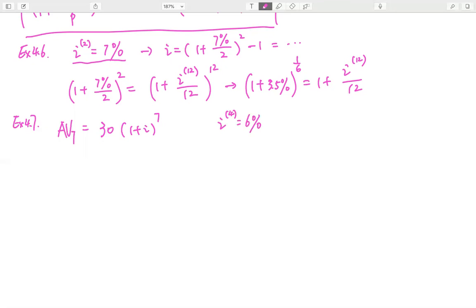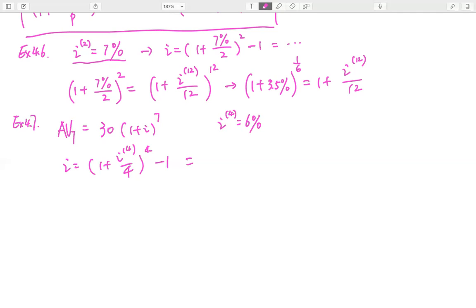Quarterly means P is 4. There are 4 quarters in a year, not 3 quarters. Sometimes you get confused and put 3. So what you need to do is basically repeat. You will get I. Once you get I, obviously you know how to calculate the AV.